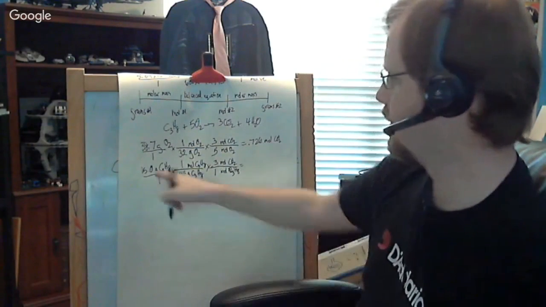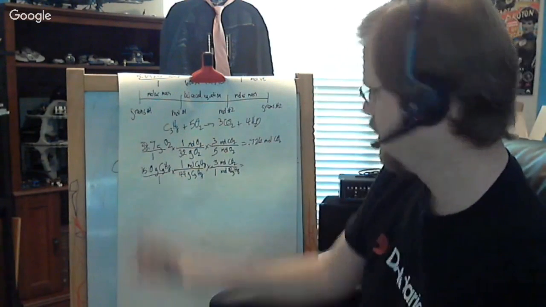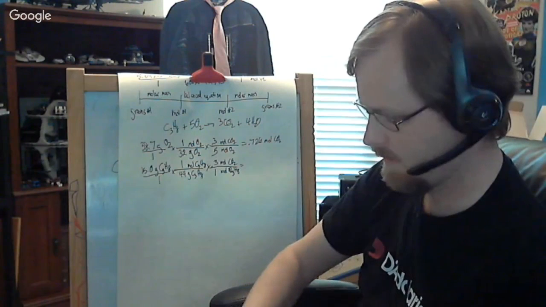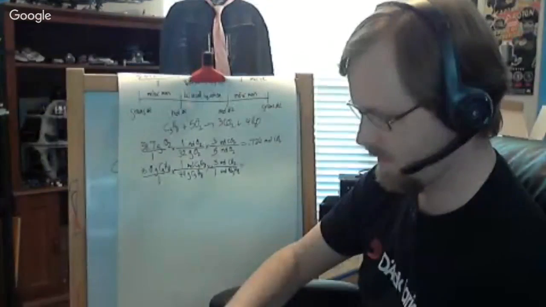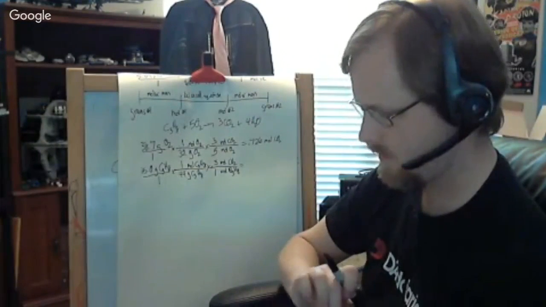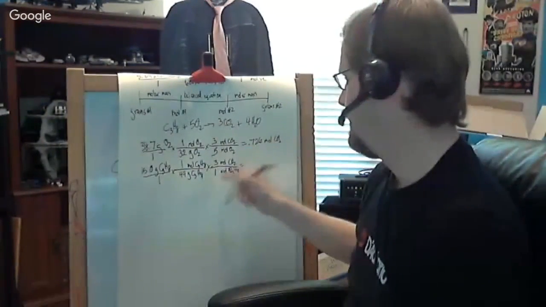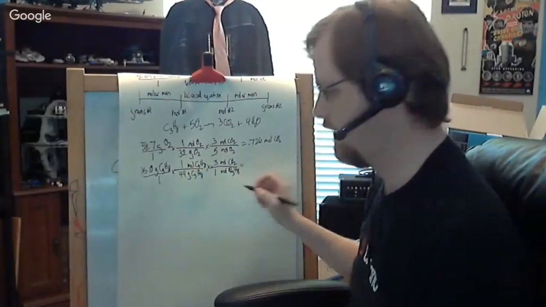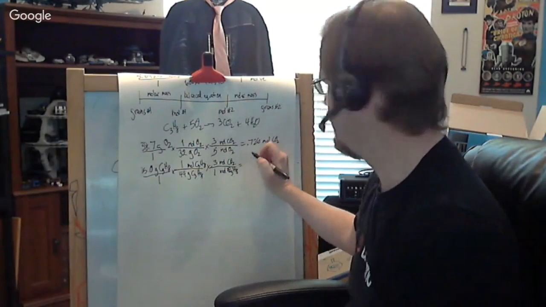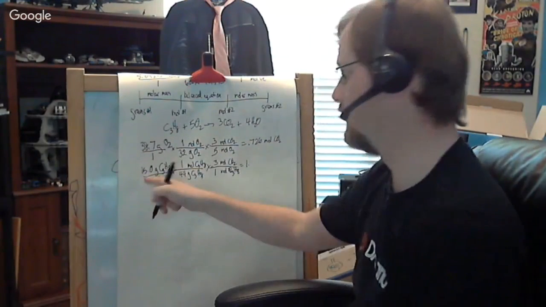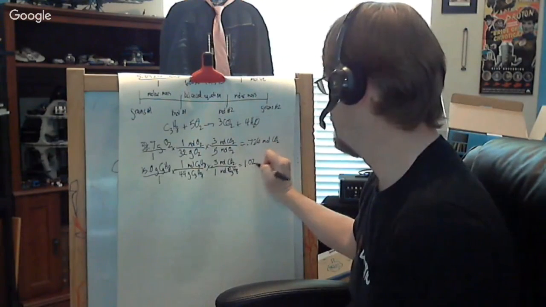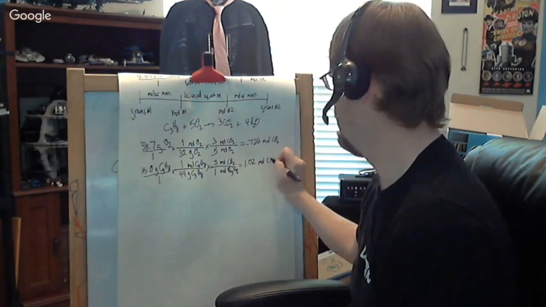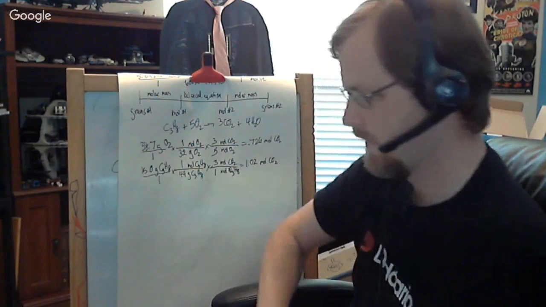If we do this one, I'm going to do 15 divided by 44, and then times 3, divided by 1 doesn't change much, okay? So then we get, since we also still have 3 sig figs, 1.02 moles of CO2.